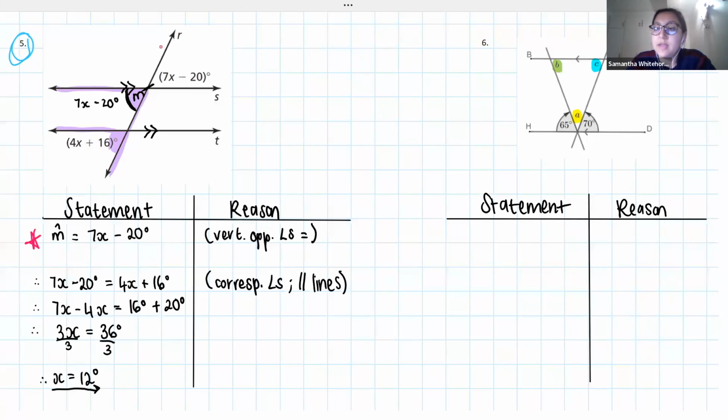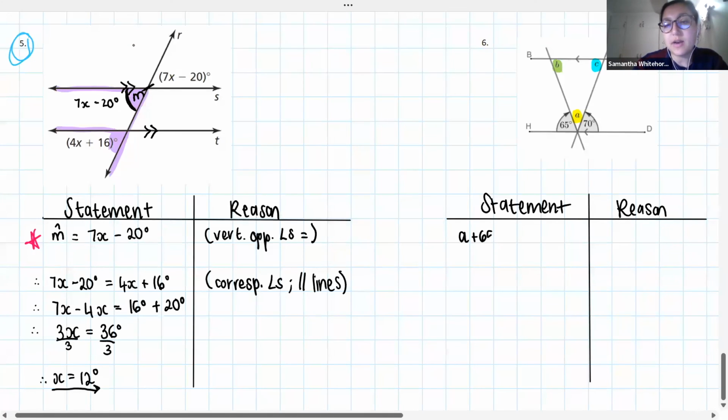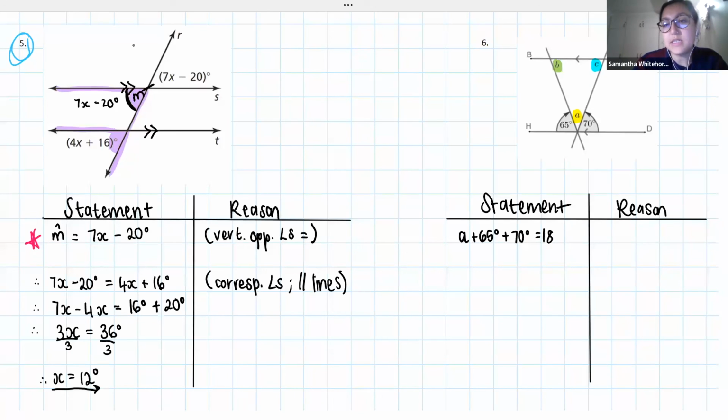If we have a look then at the question over on the right, you can start wherever you want. I'm just going to start with A. So we can see that A plus 65 plus 70 will give me 180 because they are all adjacent angles on a straight line. So they add up to 180. Angles on a straight line is my reason.